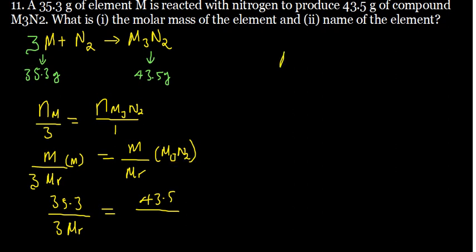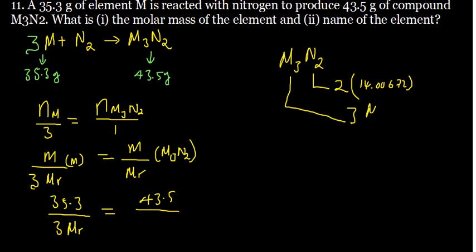So I've got M3N2. So I've got two nitrogens, and the molar mass of nitrogen, checking from the periodic table, is 14.00672. And then we have also the molar mass of this compound. So 3, we don't know its molar mass, I'll just say like that. So let's multiply 2 multiplied by 14.00672.